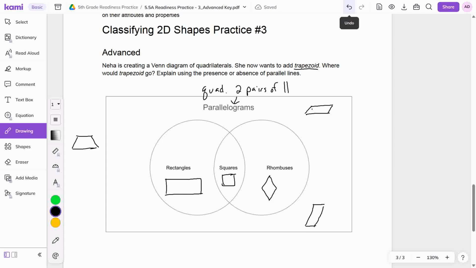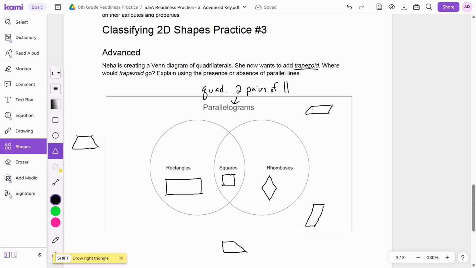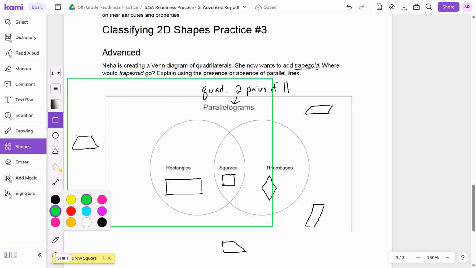It is not a parallelogram. And so I can put one right there. I can also draw a right trapezoid down here because they are not parallelograms. Honestly, if we want to think about it, I can draw a much bigger box. So let's get my shape going here. And let's make it green. How about this?